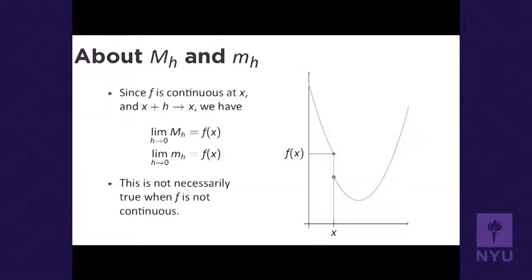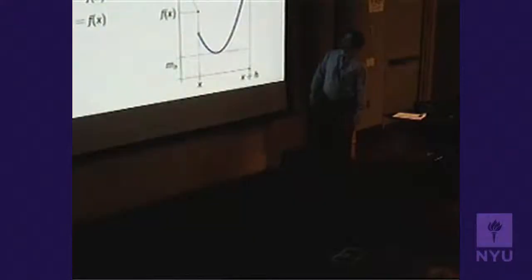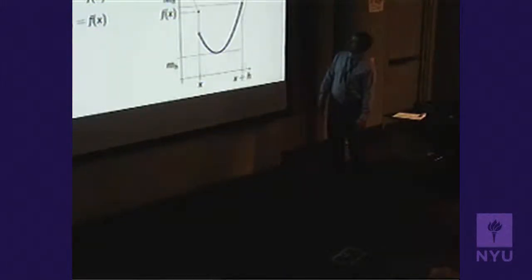Okay? And this is really because the function's continuous, which is why we have that important assumption in the fundamental theorem. If we try this on a function which is not continuous, say we've got this function that has a value here and then jumps down here to a different continuous function, look what happens when we plot the capital M sub h and the little m sub h here. Capital M sub h decreases down to here, okay?